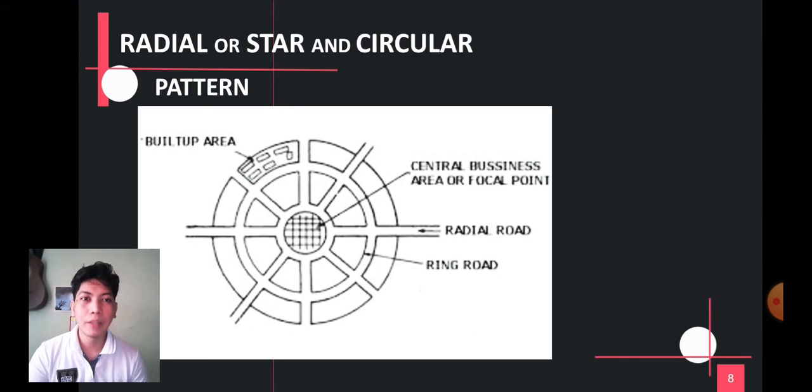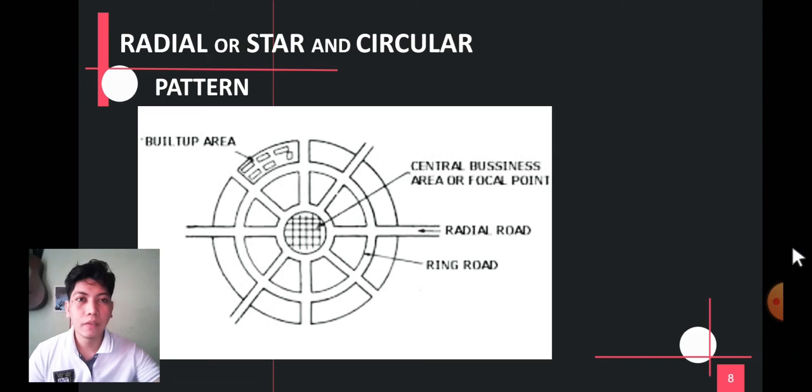From the center of its focal point, we could see the central business area of this pattern, and just like the previous one, the radial roads are located here, and there's another type of road called the ring road, which is interconnected to the radial roads, and this could also be called a concentric road.